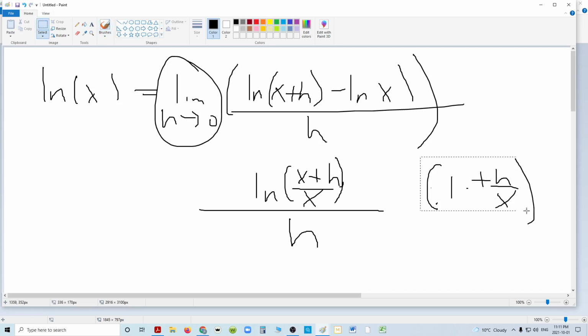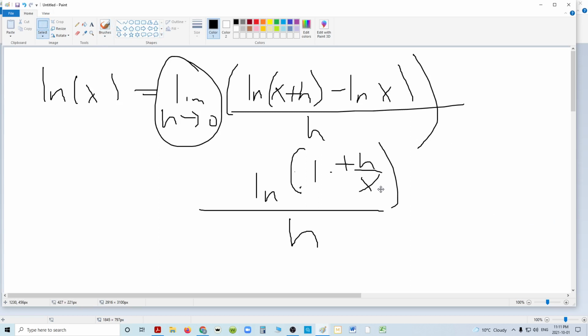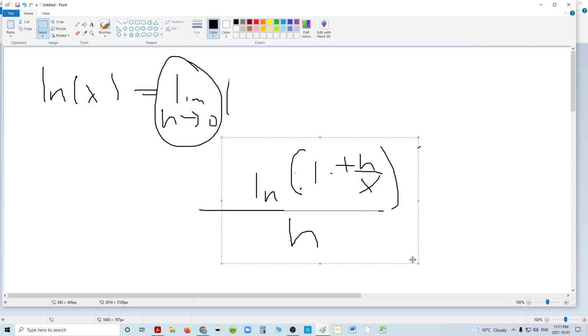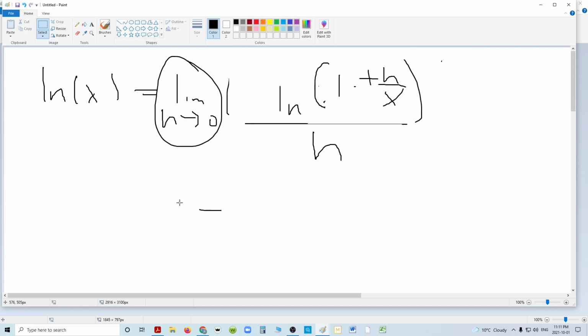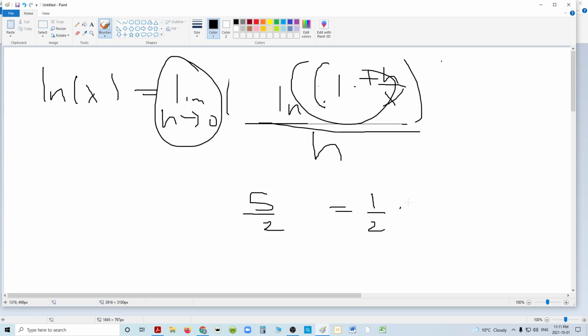You might get a feeling that e is going to come into play here, and it is. So that means I'm going to rewrite this whole thing as the limit of ln of 1 plus h over x, over h as h approaches 0. Well, I can also remember that anything like this, 5 over 2, is the same as 1 over 2 times 5.